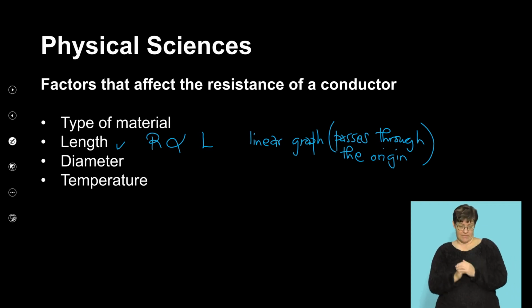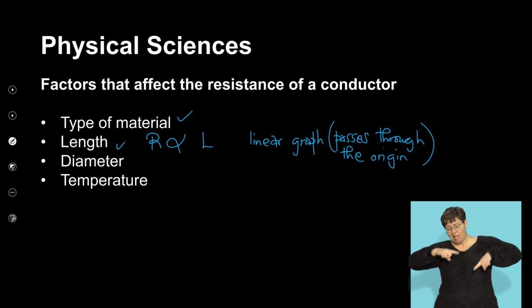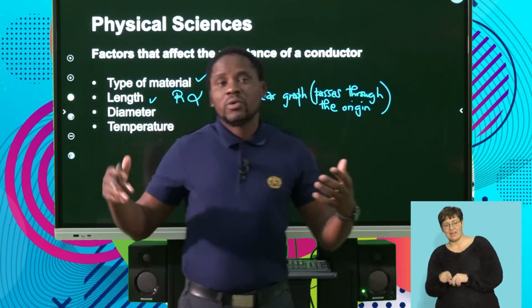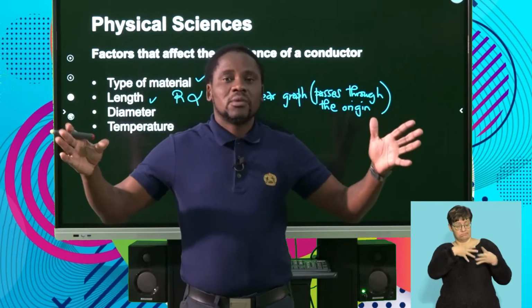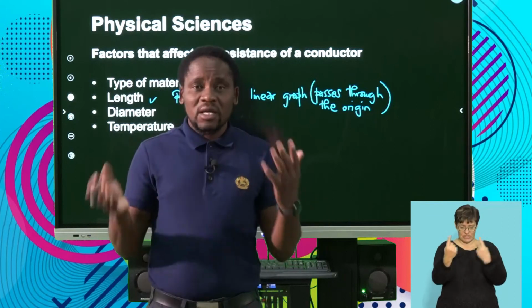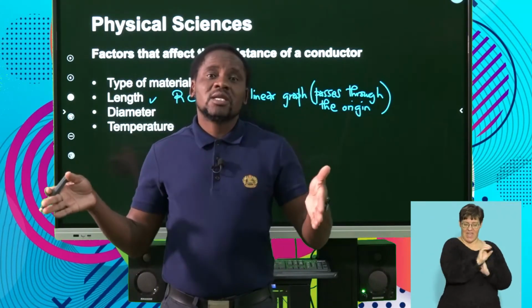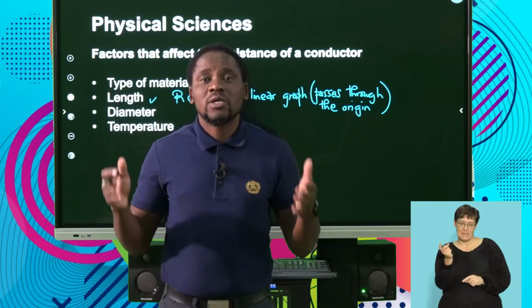We also know that different types of materials affect resistance in different ways. Why? Because when we go back to the periodic table, each element differs from the next in terms of its electron configuration. Most of these conductors are metals.